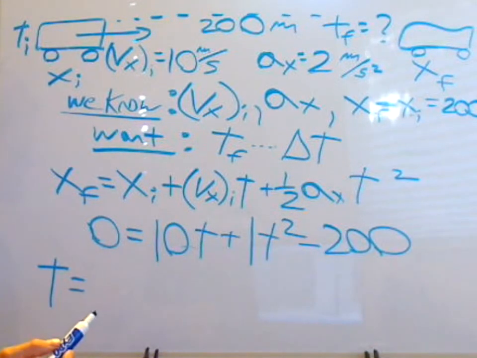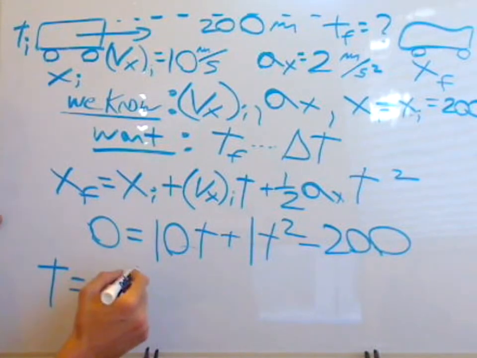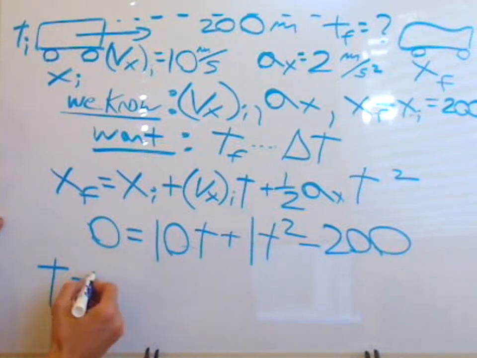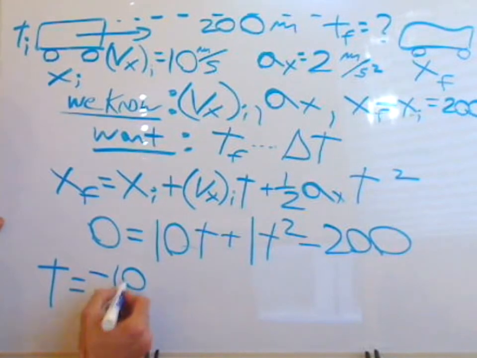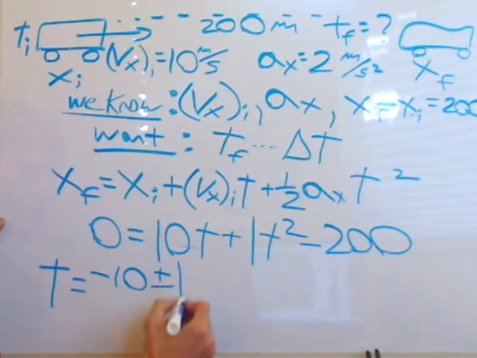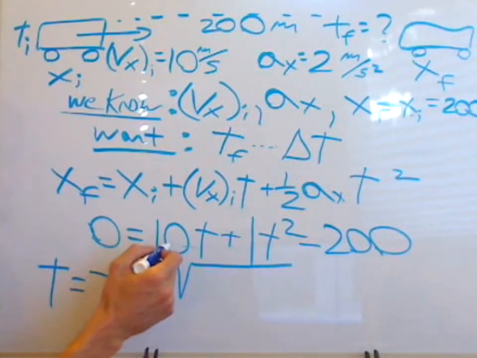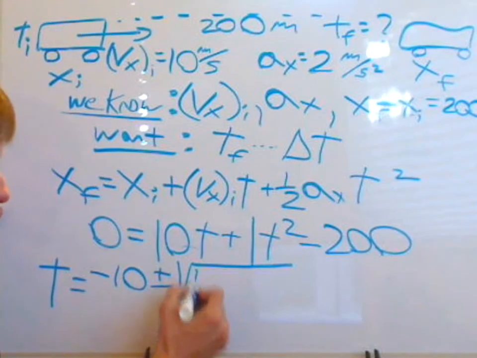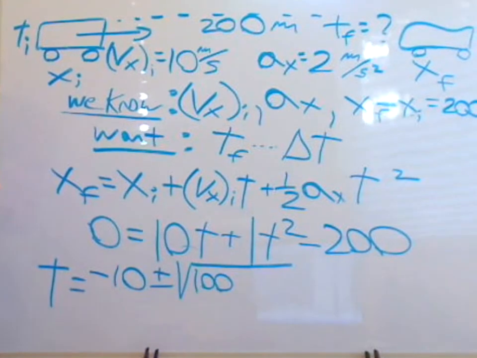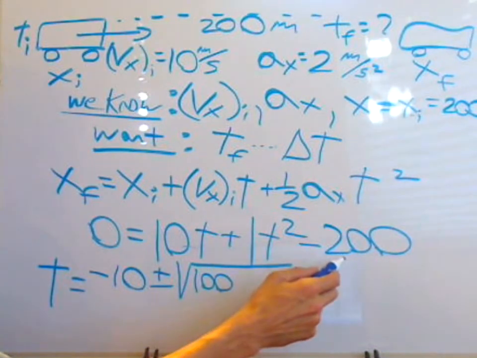Using the quadratic formula, the time is negative b, so b is 10, so we get negative 10 plus or minus the square root of b squared, so that's 10 squared, which is 100, minus 4 times AC. A is 1, C is minus 200.